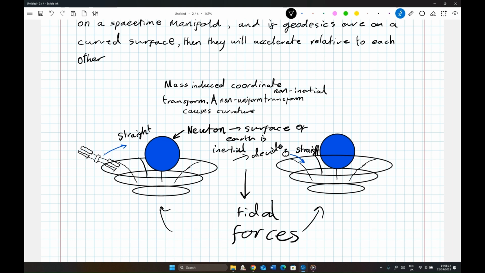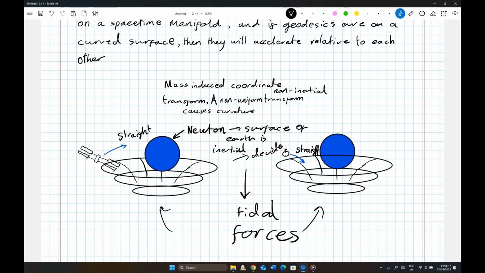But this is not good because you cannot be on Newton's team for the definition of inertial reference frames and still accept general relativity. You must either accept that Isaac Newton is correct, that the surface of the Earth is inertial, and that it is the apple that is non-inertial, or you must accept that it is the apple that's inertial and the surface of the Earth is non-inertial. You are not able to hold both of those views.